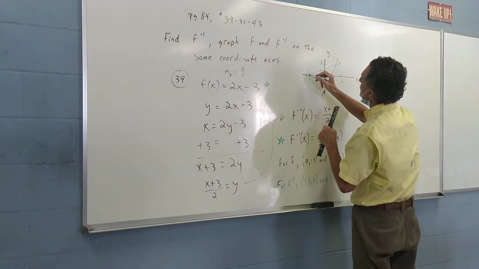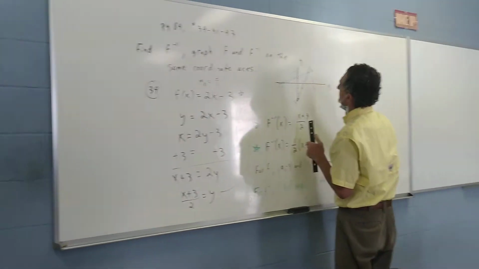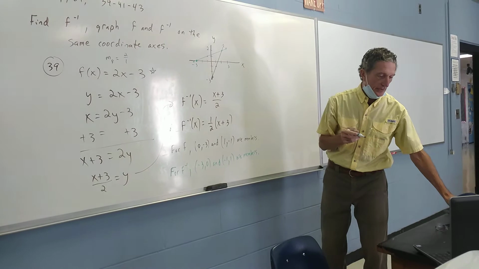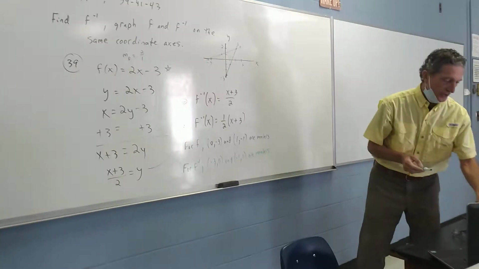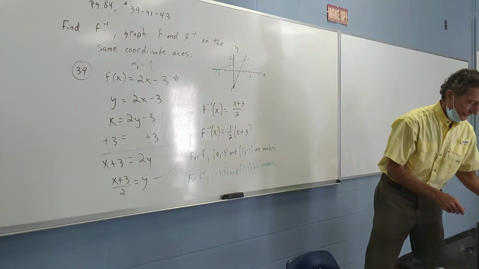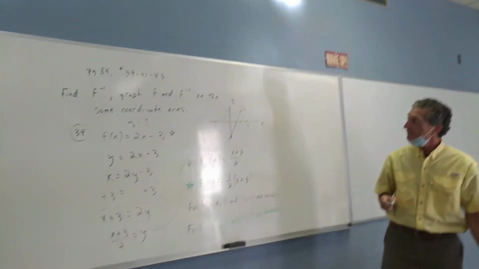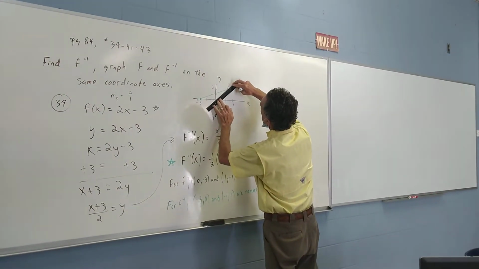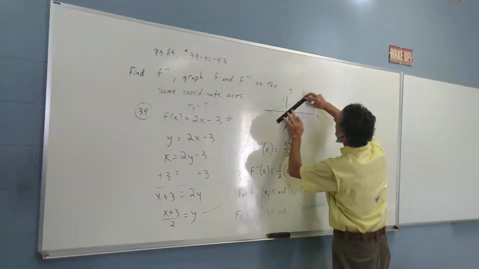They do intersect right there. They intersect there. And now I'm going to tell you who that is where they intersect. They intersect along the line y = x.